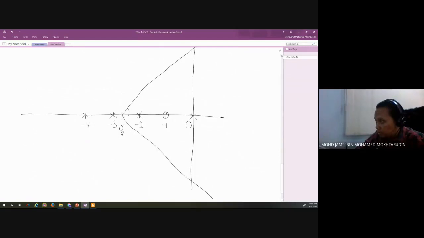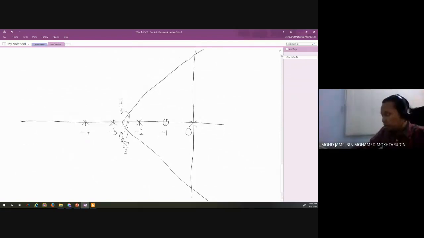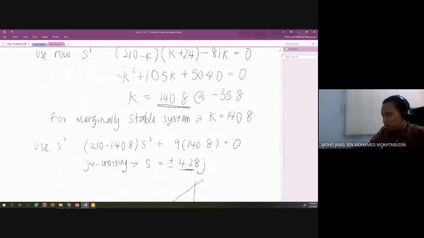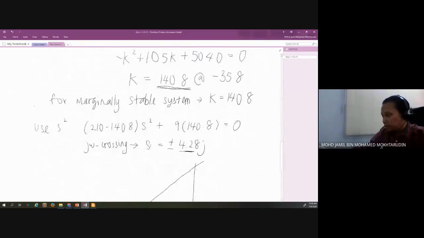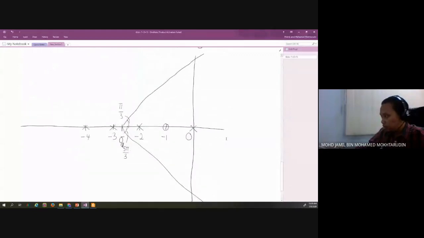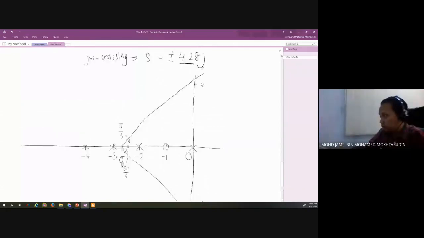So this angle is pi over 3. And this angle is 5 pi over 3. After that, you put the JW axis crossing, which is at 4.28 j plus minus. So it should be somewhere around here, 4.28.